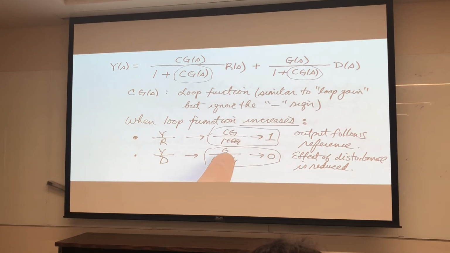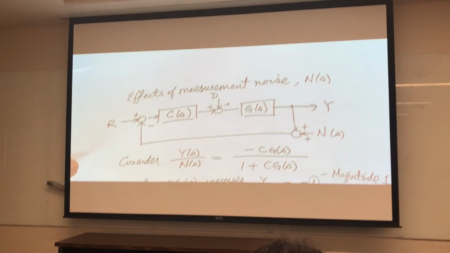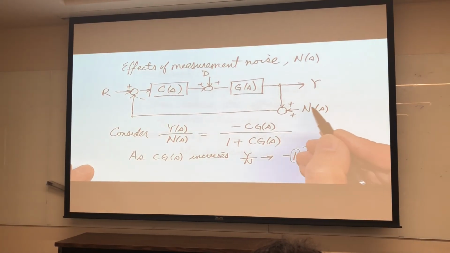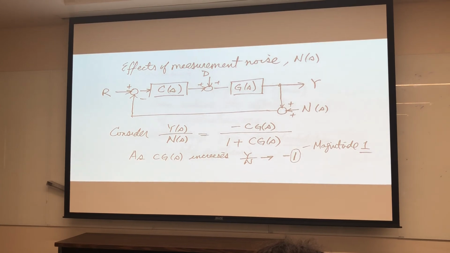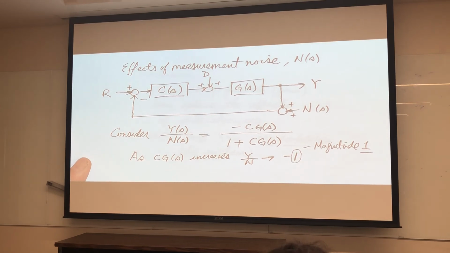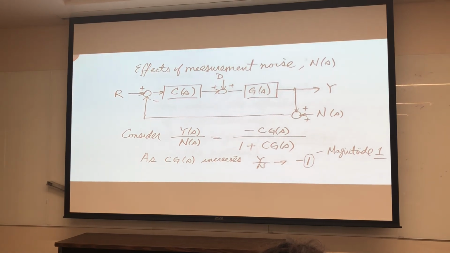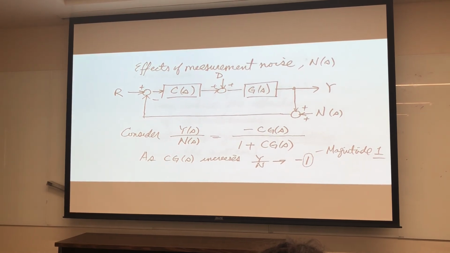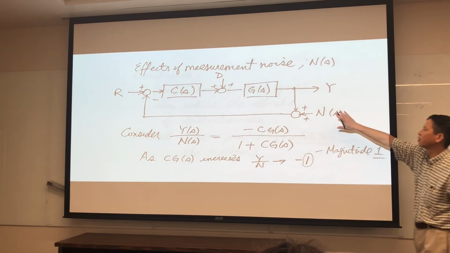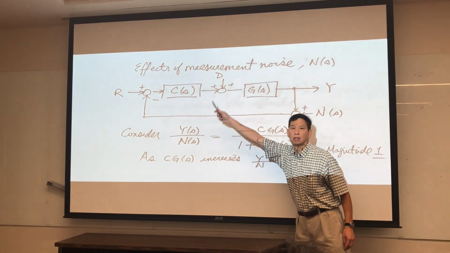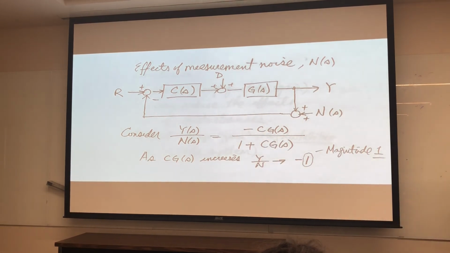As this increases, this thing tends towards 0. But here, the disturbance comes in the system in a different place. Okay. So we had to be a little bit careful about our conclusion. Not all disturbances have their effects reduced by using large gain.